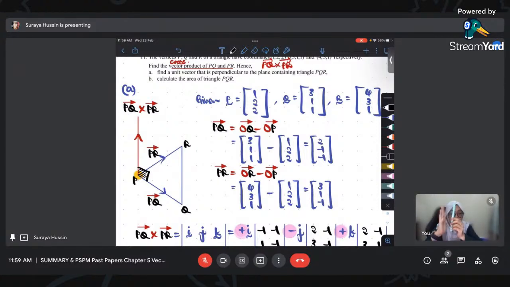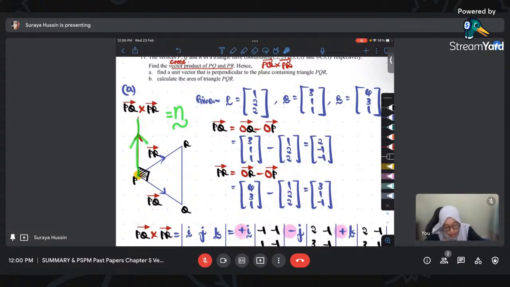Dan 90 degree berada di atas bermaksud unit vector itu adalah kita punya jawapan yang kita mahu. Unit vector. So unit vector tu apa miss? Unit vector adalah normal line actually. Ini yang saya bagi extra knowledge sikit lah. Masuk 5.4. Normal vector bermaksud perpendicular.